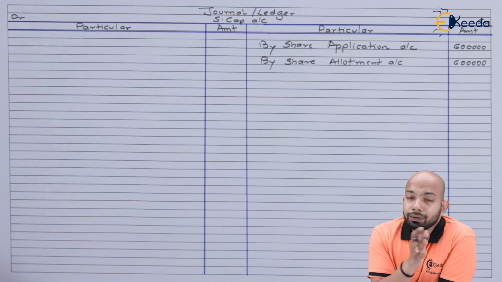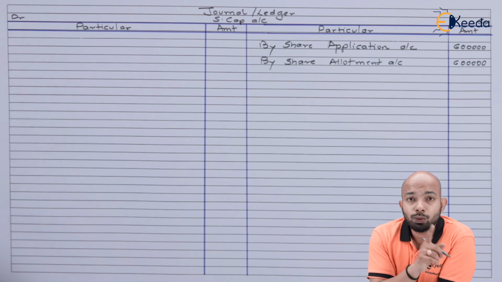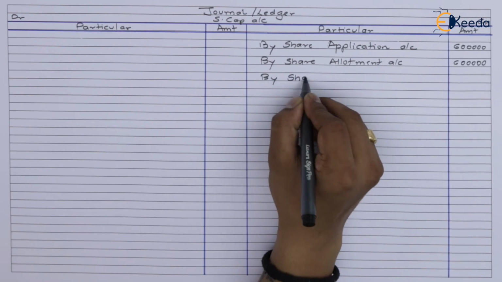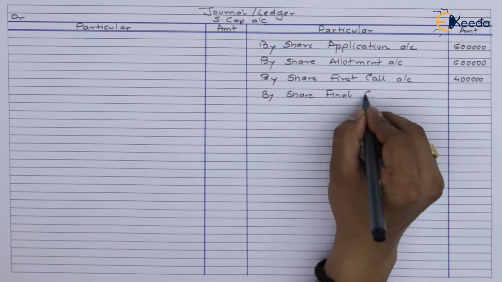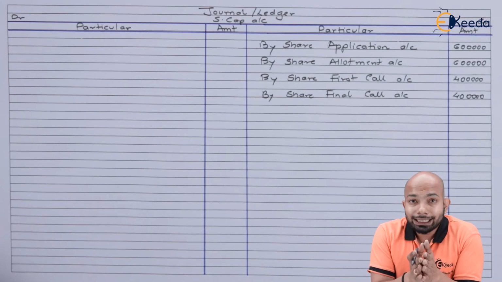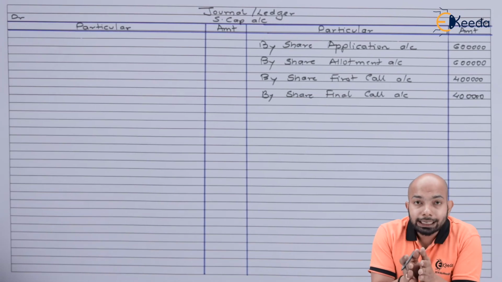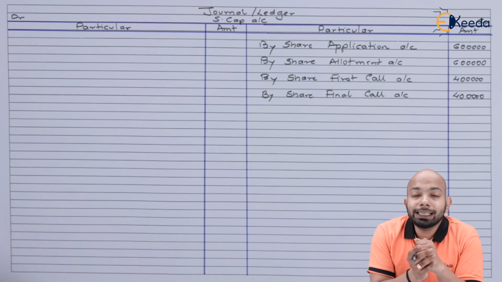Now, after the allotment, we have the share first call and final call. We'll mention that here. And the last one is the reissue that we have to transfer here. Now, we have passed all the entries which are related to entries before forfeiture. Now, under forfeiture, we had share capital being debited.